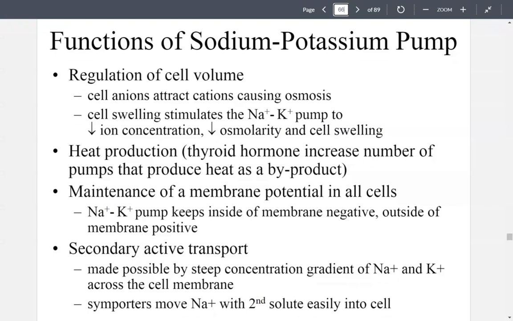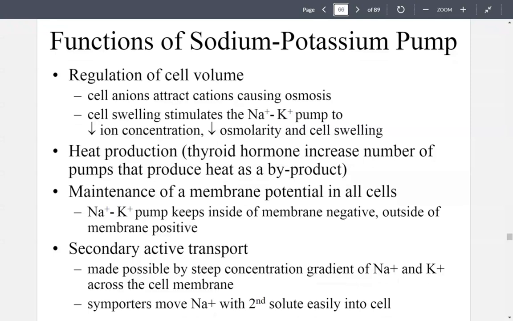All right, so a couple other things in regards to sodium-potassium pumps. Sodium and potassium are ions. Ion concentrations are going to move water into and out of the cell. So we're going to have sodium-potassium pumps helping to regulate cell volume. Heat production. In the thyroid specifically, increasing the number of sodium-potassium pumps is going to increase heat.